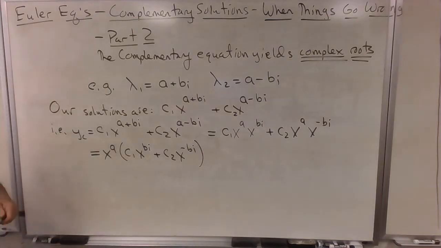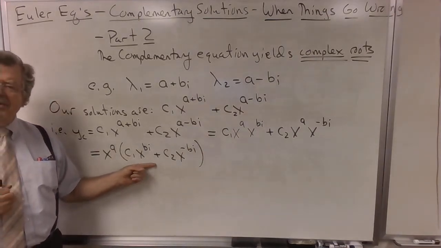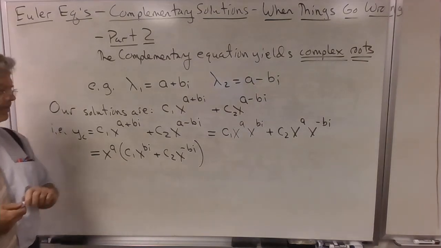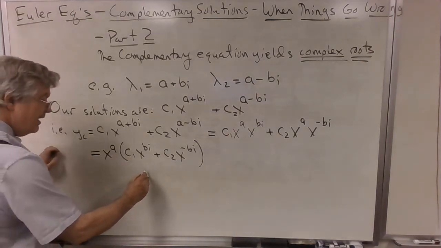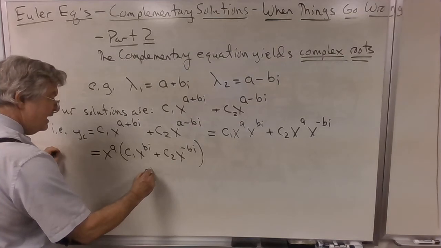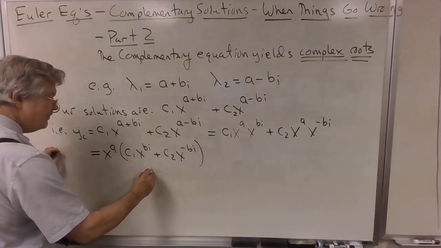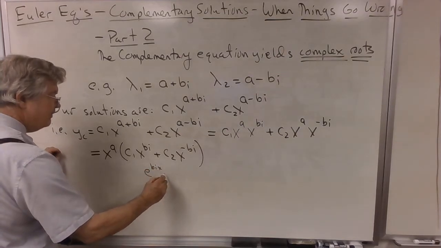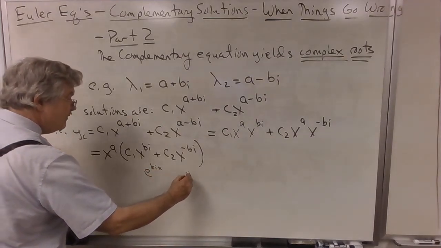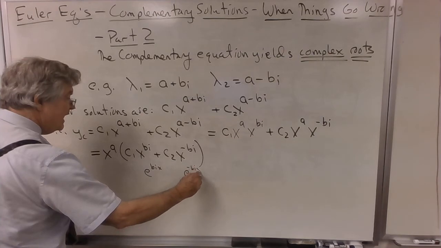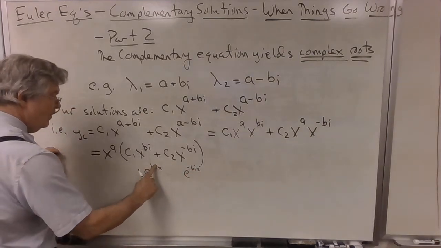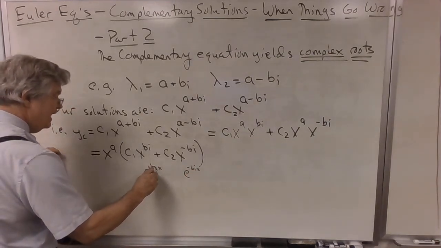And this kind of sort of looks like what we had with constant coefficients, except with constant coefficients, we had e to the bix and e to the negative bix, or maybe ibx.